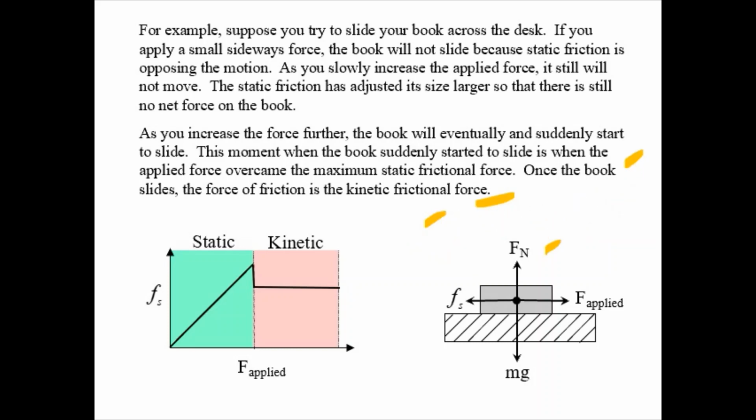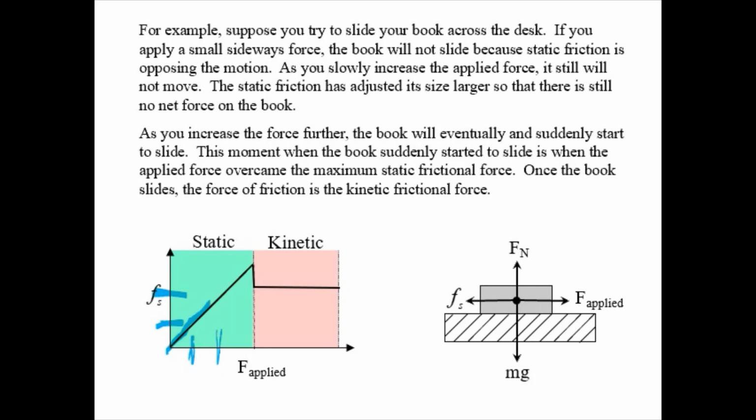So in this particular case, as I push to the right, there would be a net force to the right unless the static friction is exactly the same size I'm pushing with. And so that's the interesting thing here. As I start to push this book to the right, looking at this graph down here, as I push a little harder, my static friction gets a little harder. If I push even harder, the static friction gets harder, right?